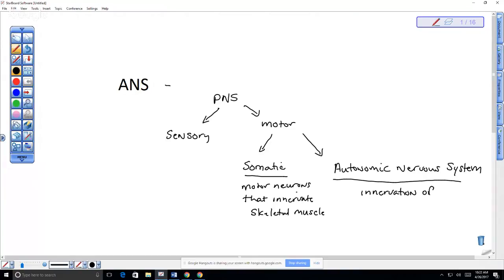So we'll put organs, smooth muscle, cardiac muscle, and glands.